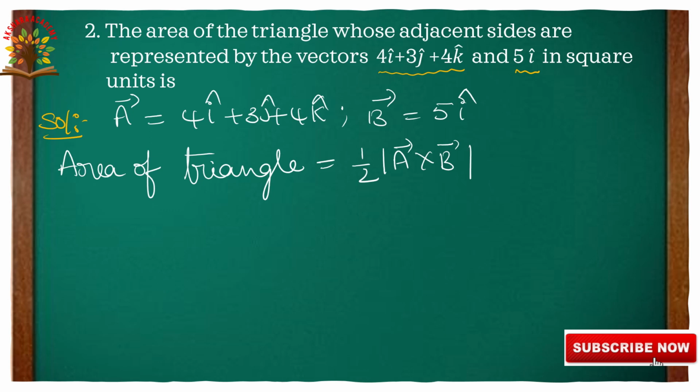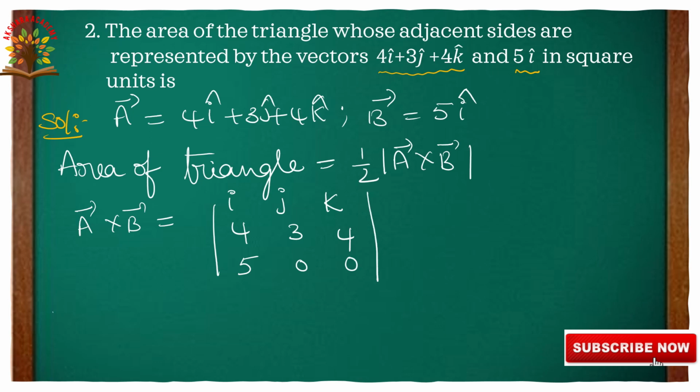So first we are finding A bar cross B bar, that equals the determinant of i, j, k, and the components of A are 4, 3, 4 and the components of B are 5. Here there is no j component and k component, so 0, 0.